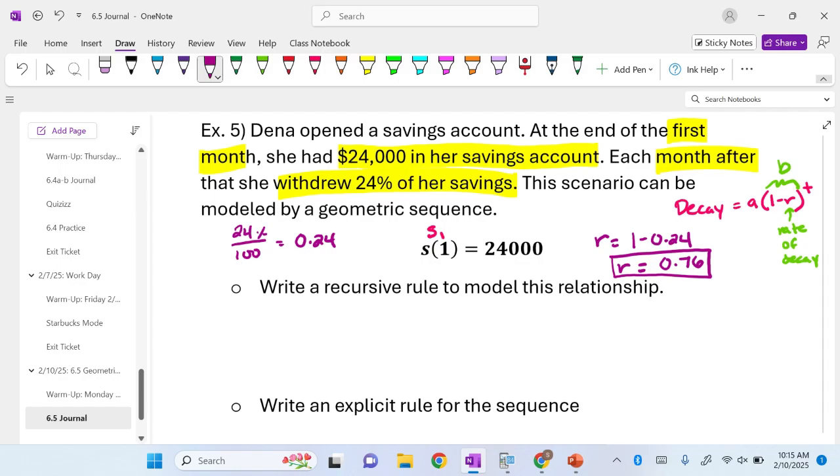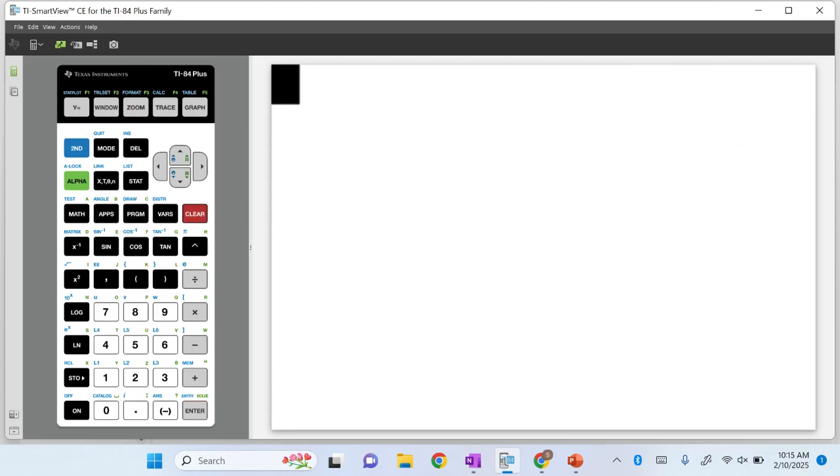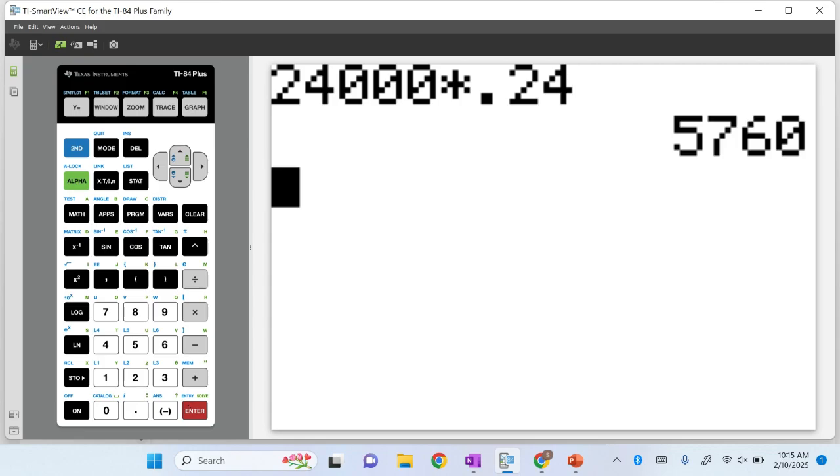That's the money that you took out. So if I multiplied 24,000 by 0.24, this is the amount of money that I took out of my account. I took $5,760 out of my account.